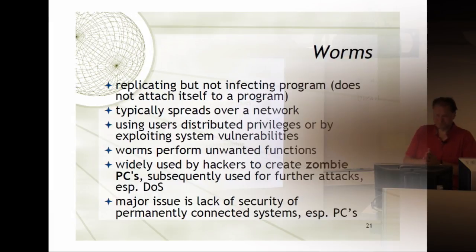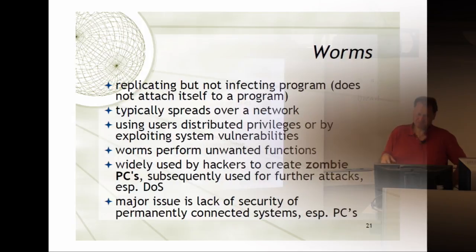Okay, so moving on from viruses to worms instead. Worms and viruses are very similar in many ways, but there is a big difference, and that is the virus needs this host. It needs to attach to a host, while a worm does not need a host.